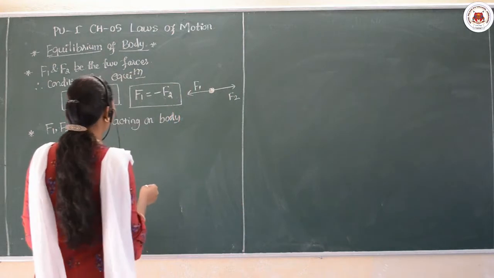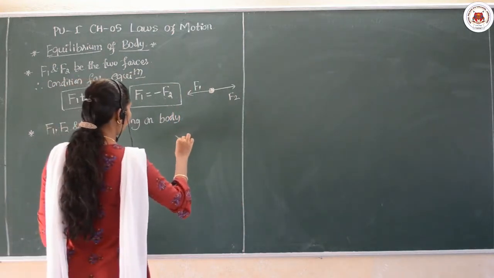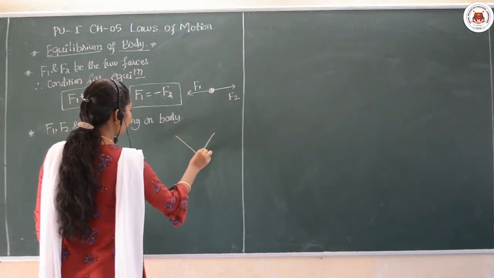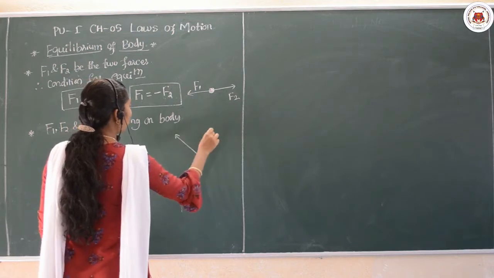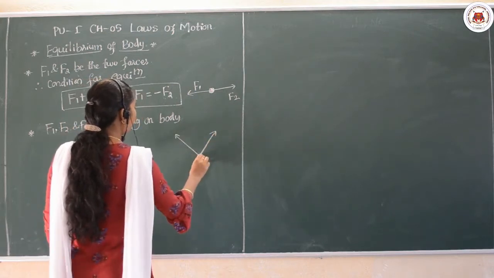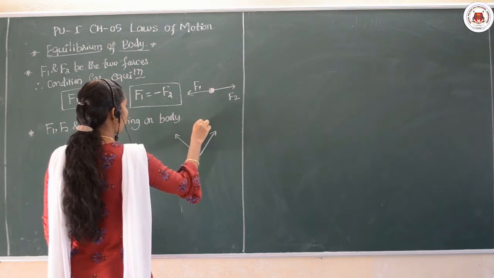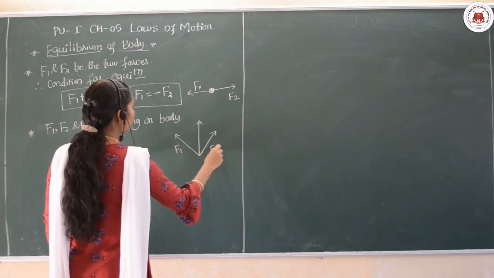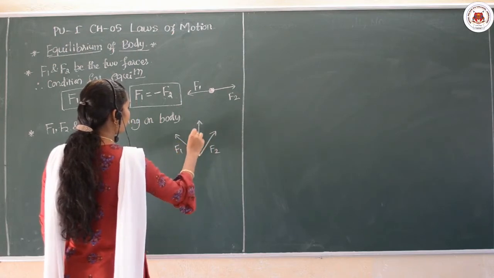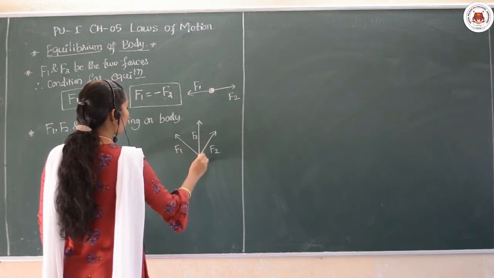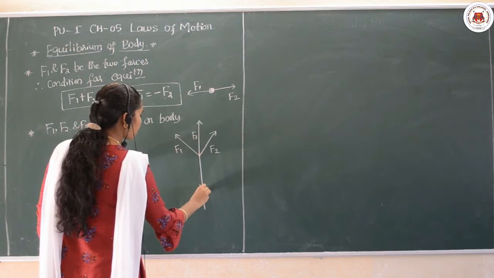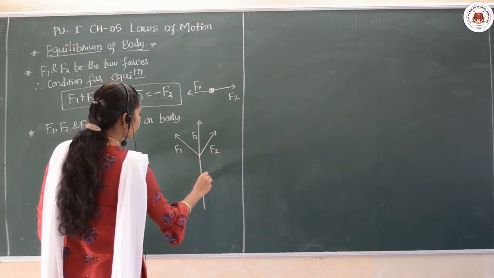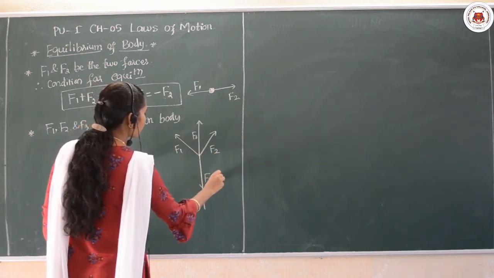Then if you consider the parallelogram law of vector addition, let us consider three concurrent forces acting. Here is F1, this is F2 and here is F3. See here, it's opposite. This will be the sum of F1 plus F2.